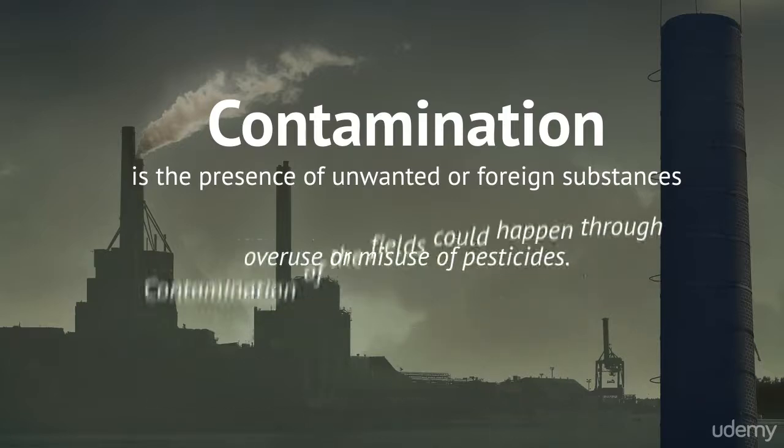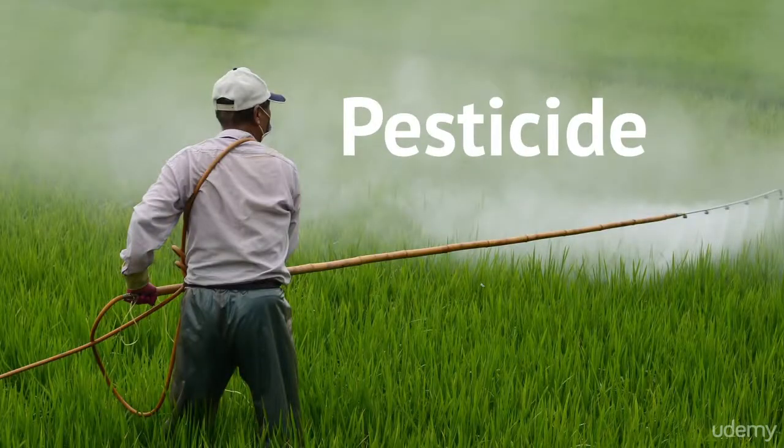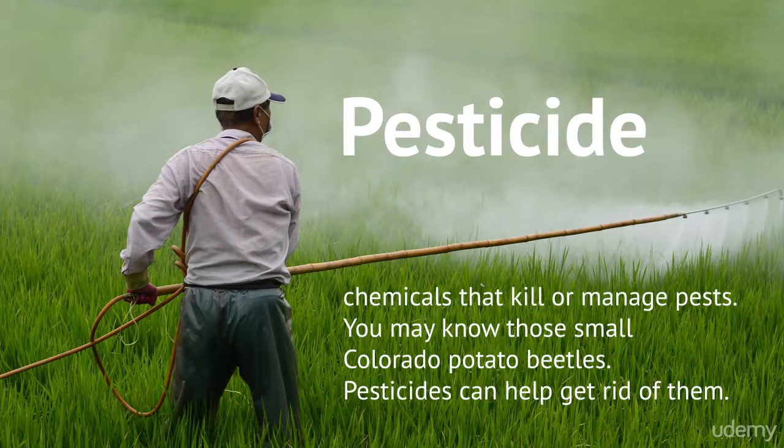Example: contamination of the fields could happen through overuse or misuse of pesticides. And let me define the word pesticide for you. Pesticides are chemicals that kill or manage pests. You may know those small Colorado potato beetles. Pesticides can help get rid of them.